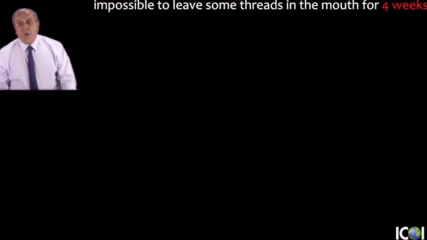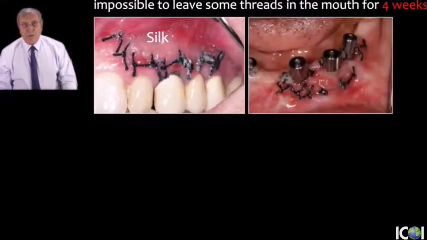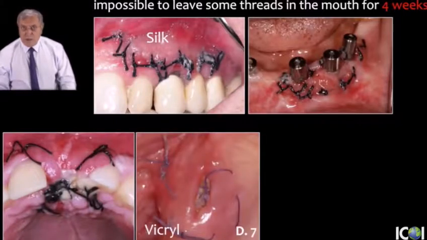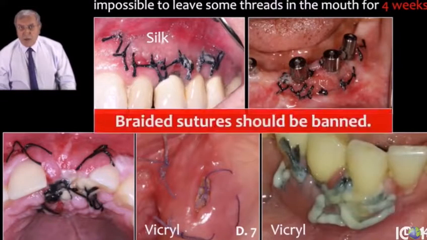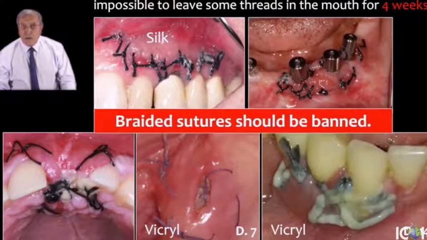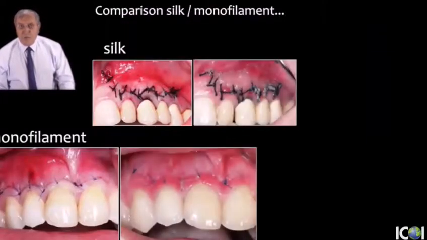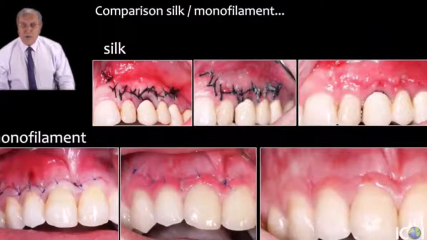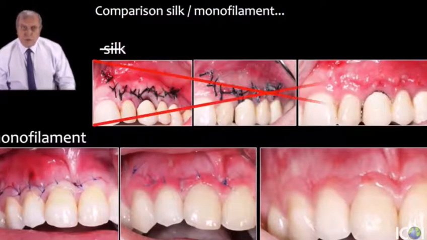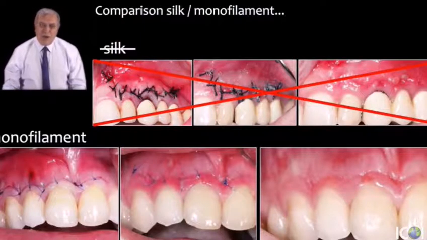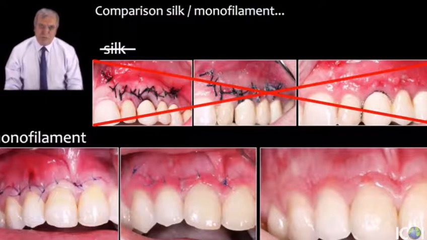If we want to wait 4 weeks, then it's impossible to use some qualities like silk, like Vicryl. We need to definitely avoid using a braided suture. The only solution is to use a monofilament. A monofilament will help us to reduce the inflammation and the plaque on the braided sutures.